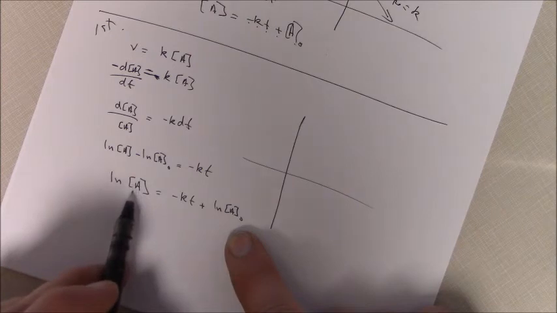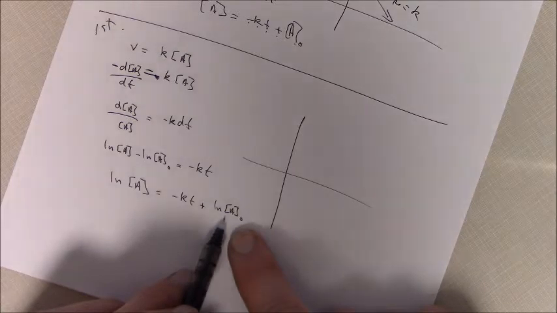When time is 0, ln of A equals the ln of A naught.